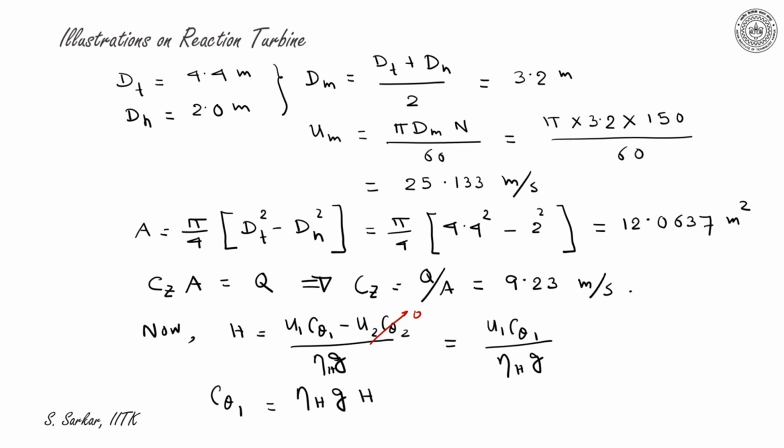Now this becomes 7.026 meter per second. Thus, I have calculated C theta 1 here.